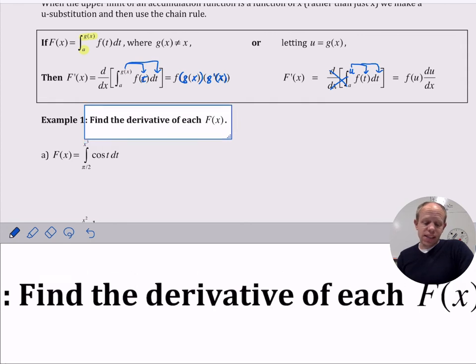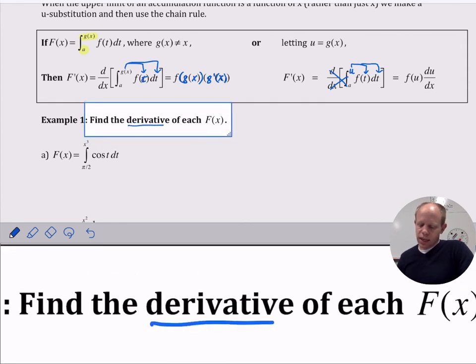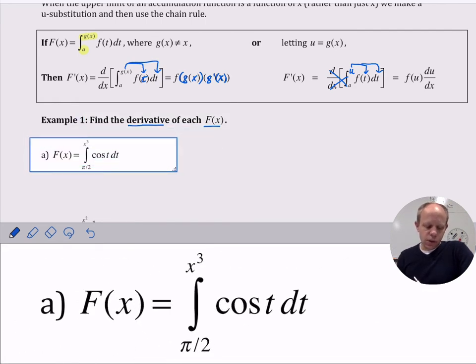Note the directions. It says find the derivative of each capital F. So we are finding the derivative of an antiderivative. Okay. Now, what you've got to look for? You have an antiderivative here. It starts at a constant, pi over 2, and then it goes up to a function, x cubed. And so what we want to do is substitute it in for t, as well as the t in dt. I guess we shouldn't show it this way.